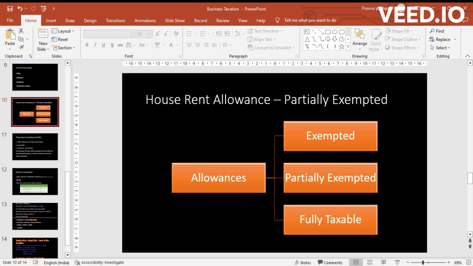Some allowances given by employer are fully exempted. They are not part of the computation of income from salary. Some are partially exempted, which means some part will be deducted and the remaining will be taxable. And some are fully taxable. So if the employer is giving such an allowance, it will be fully taxable.